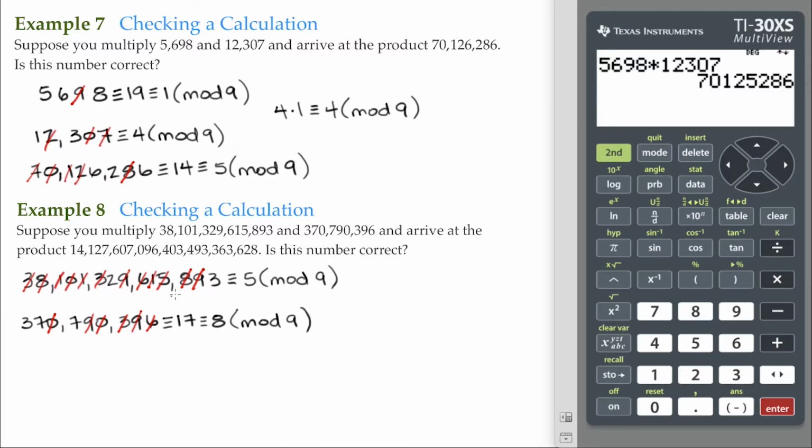So if I multiply this number to this number, it would be the same as multiplying 8 times 5, which is congruent to 40. 9 goes into 40 4 times with, sorry, 9 goes into 40 6 times with 4 left over, that would be 4 modulo 9.